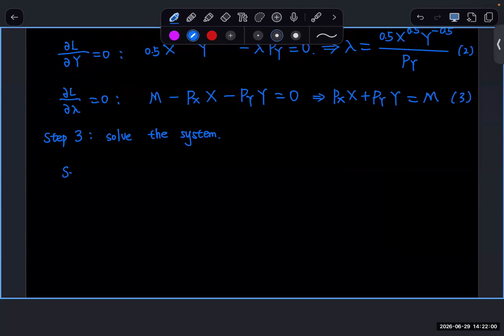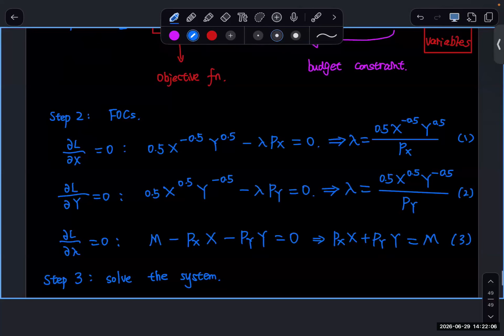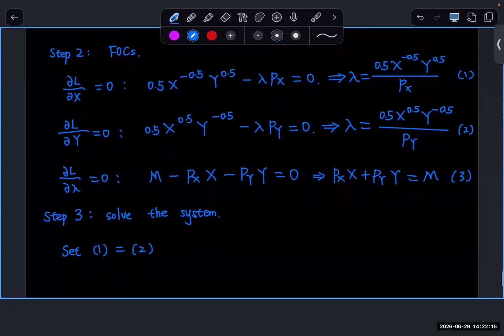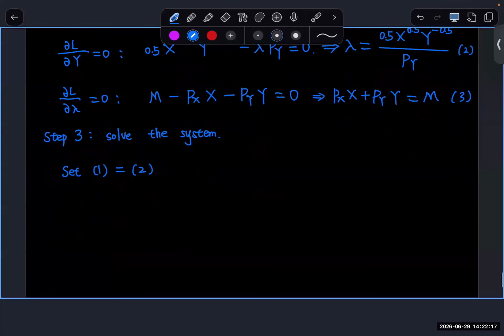You need to set equation 1 equal to equation 2, because equation 1 and equation 2, both of them equal lambda, okay? So you set them equal. And then you can solve. And then you will get y. y is a function. You will get y.